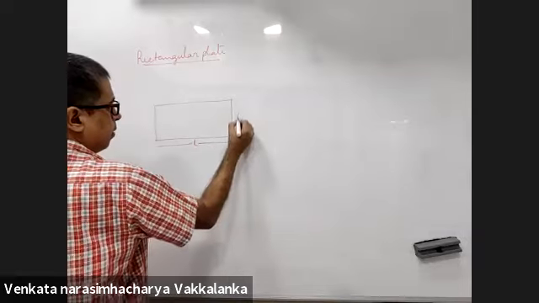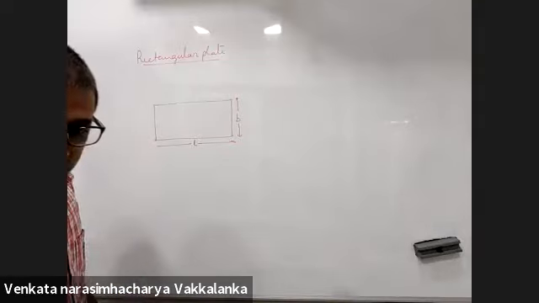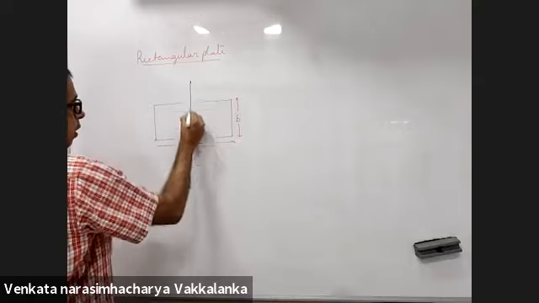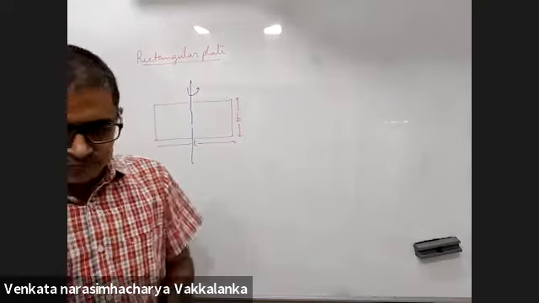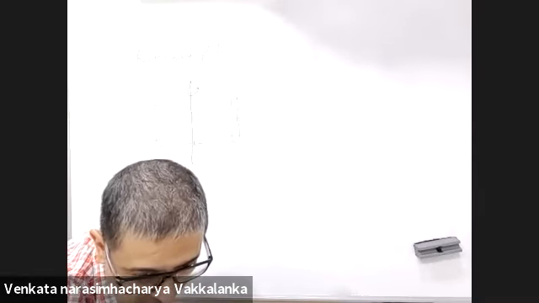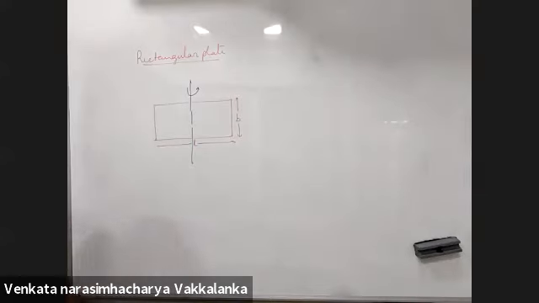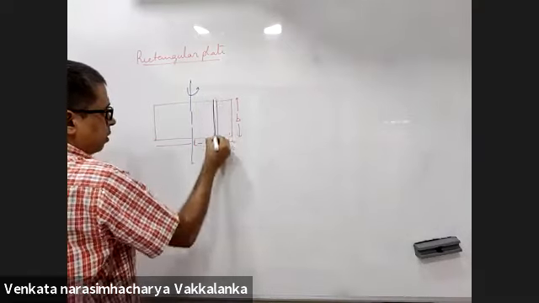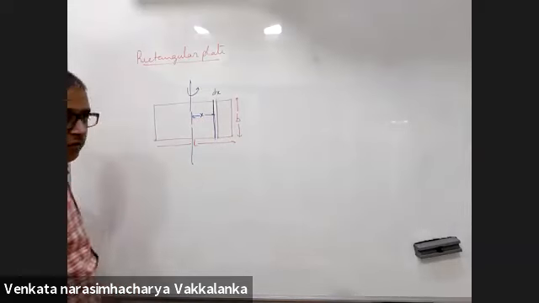Length L, breadth B. Firstly, I want the moment of inertia about this axis. I want the moment of inertia about this side. I will consider an element of thickness dx at a distance of x.